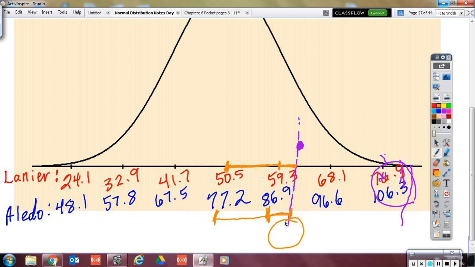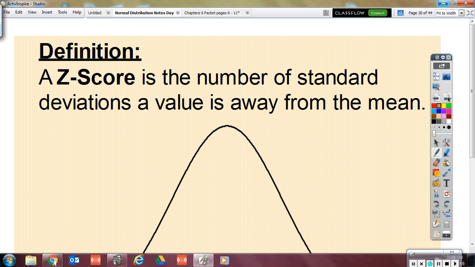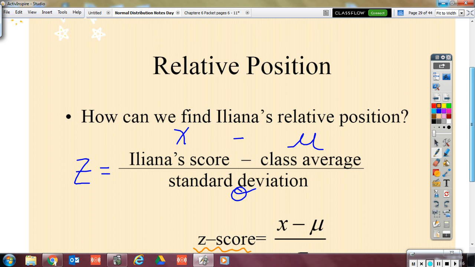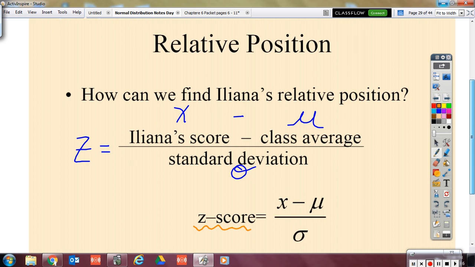That number of standard deviations that you are above the mean is called your z-score. You can see on one of your slides it has the z-score definition: the number of standard deviations that value is away from the mean. I skipped a few slides to get to it. Basically we are figuring out how you relate to the average.